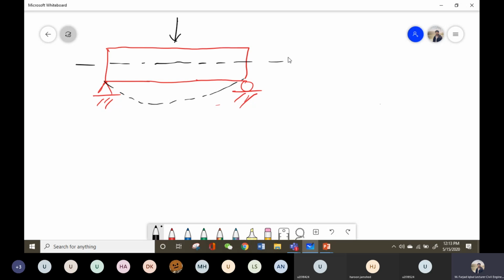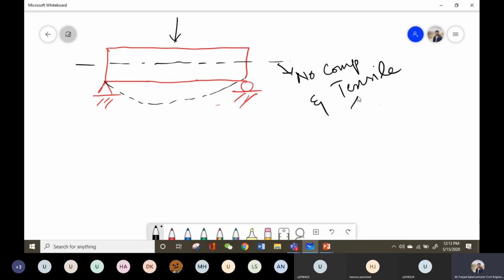Now we know that there will be an axis or a surface in the beam which does not have any compressive or tensile stress.